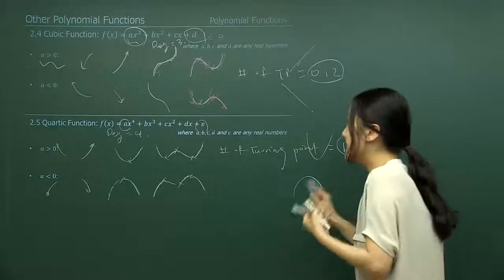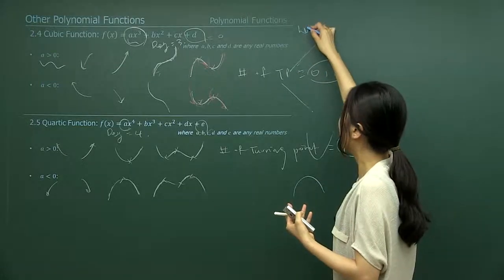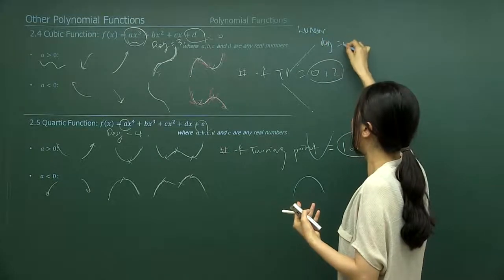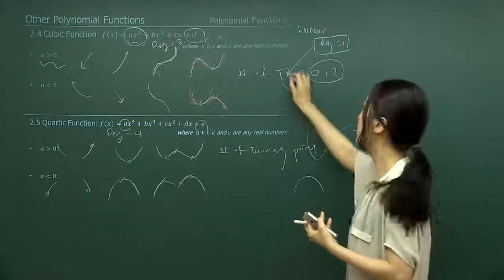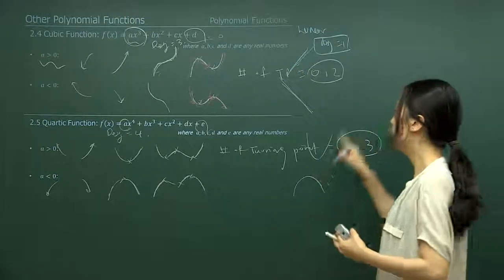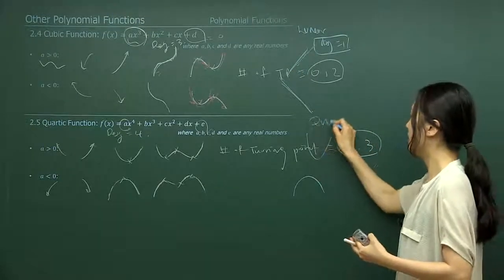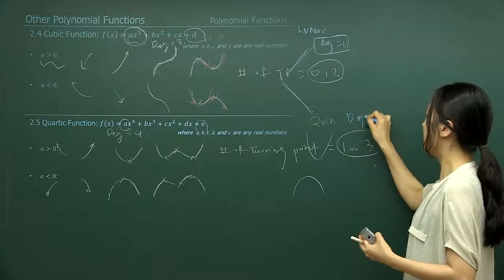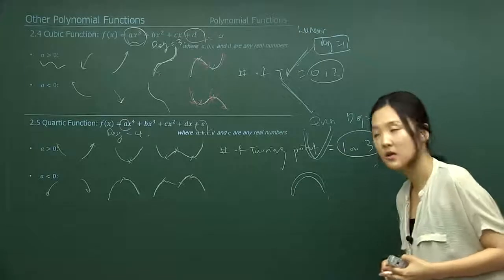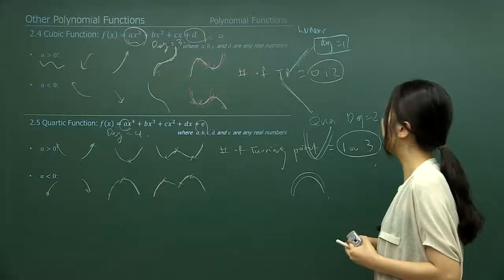And as you can see, for linear, where the degree equals 1, it had this or this type of graph. For quadratic, for degree 2, it had this or this type of graph. Do you see what I'm trying to point out?